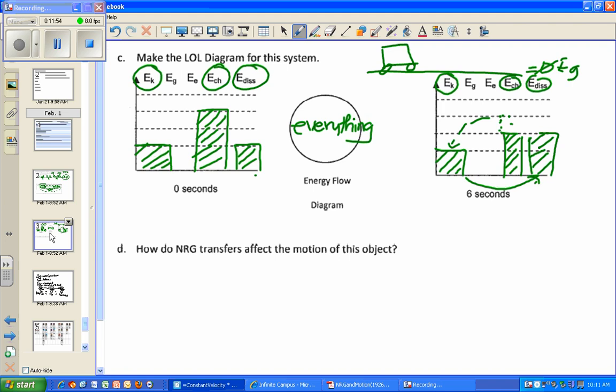Yeah, the gas in the car, so what's in the gas in the car? E-chemical? What happens to the E-chemical? It gets transferred into EDIS, or not into EDIS, into EK. Which is then transferred into EDIS.